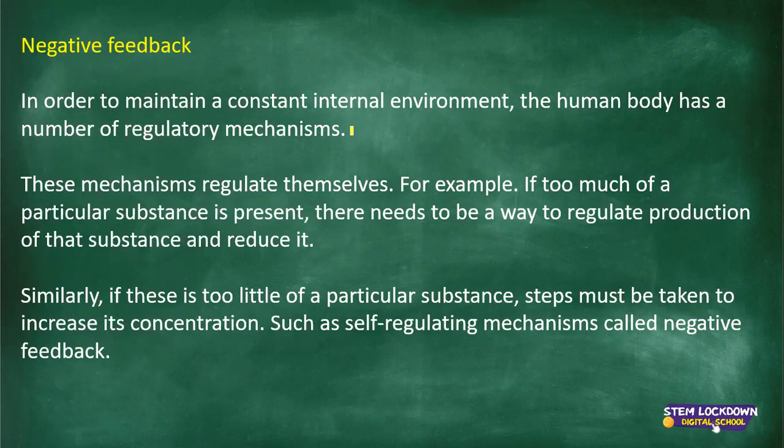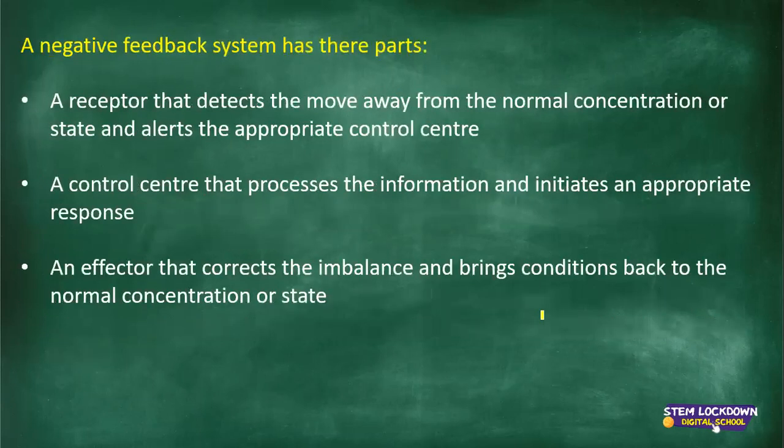You'll remember negative feedback. It is the product of that particular reaction that gives feedback of whether or not to increase more or to reduce the concentration of it. A negative feedback system has three parts.